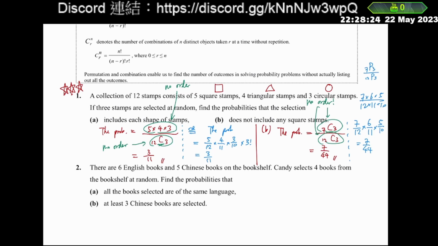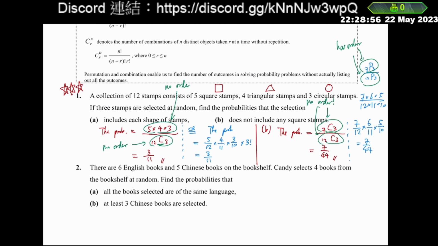And then you can see that the denominator and the numerator here both have order. And then the flexibility for probability is that if we are finding probability, you just need to match. You just need to be sure the numerator has order, denominator has order is okay. The numerator has no order, the denominator has no order is also okay. So the flexibility is that we just need to be sure both are the same kind of counting.